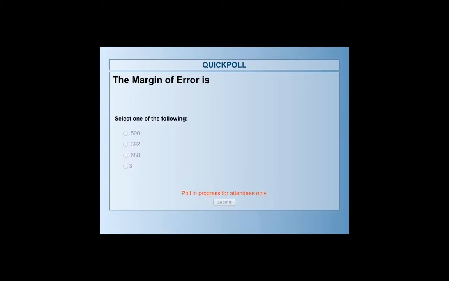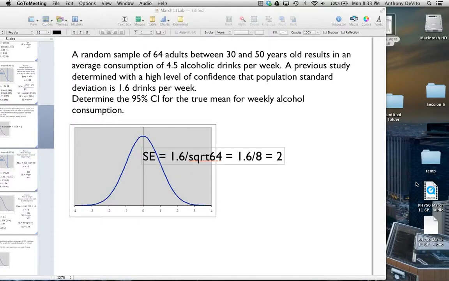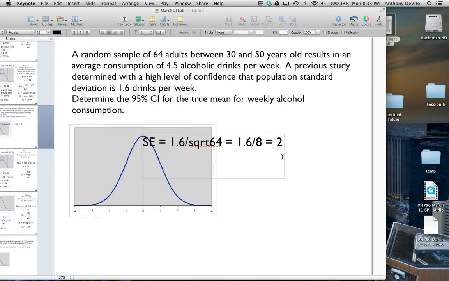Okay, I'm going to give you 30 seconds to answer it, and then I'm going to close the poll. Okay, so the most common answer, 63% of you said it was 0.392. Okay, let's calculate it. Margin of error is going to be equal to the z-score for a 95% confidence interval.